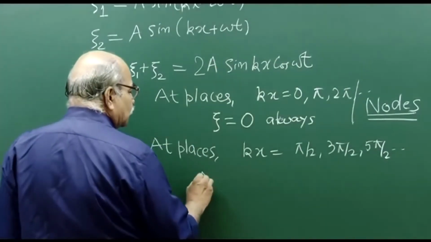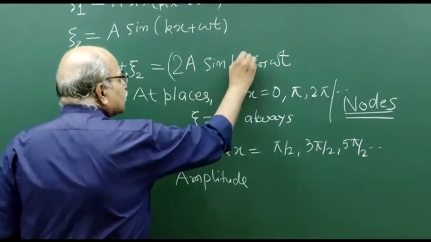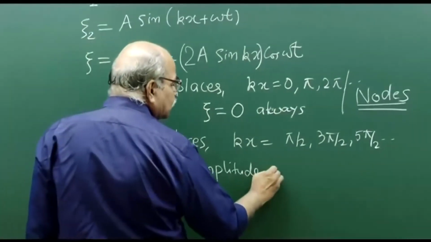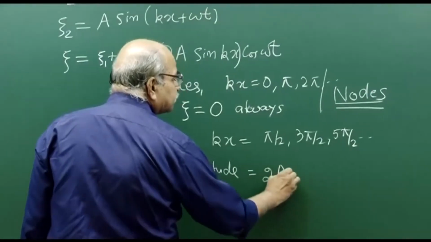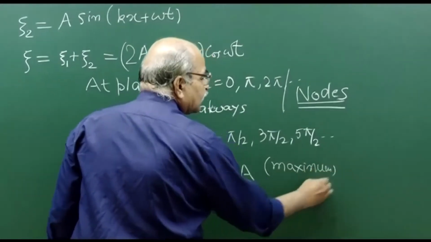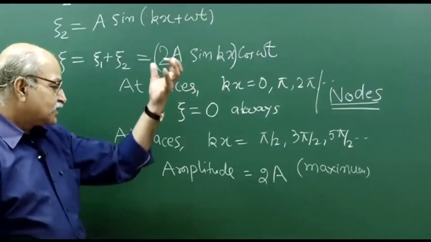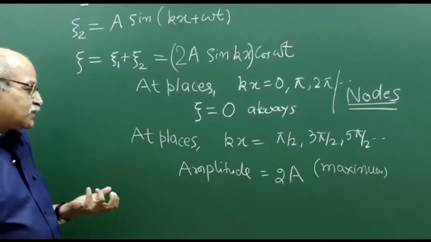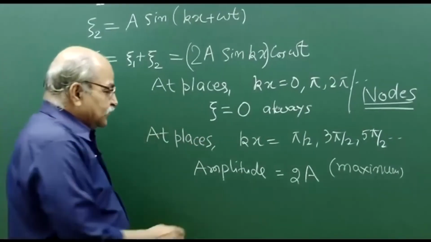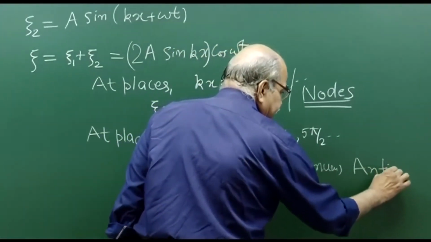Here the cos omega t is the time variation and this is the amplitude, so the amplitude will be 2A maximum. So, at certain positions particles are vibrating with large amplitudes, at certain other positions they are not vibrating at all, and in between they have smaller amplitudes. These maximum amplitude positions are known as antinodes.